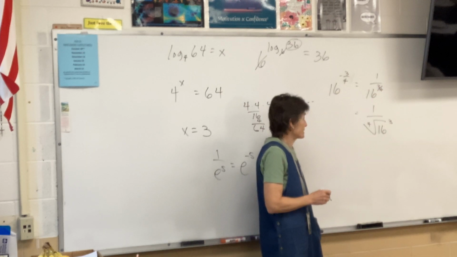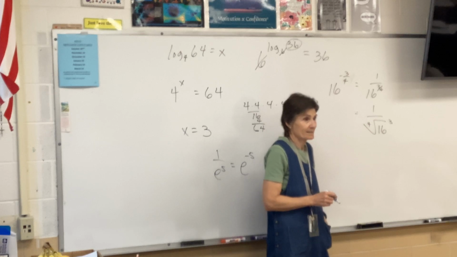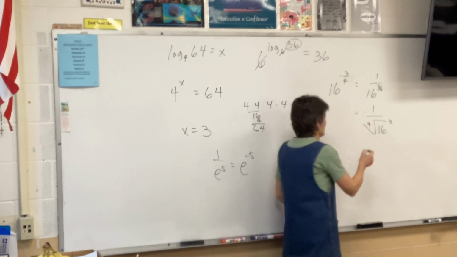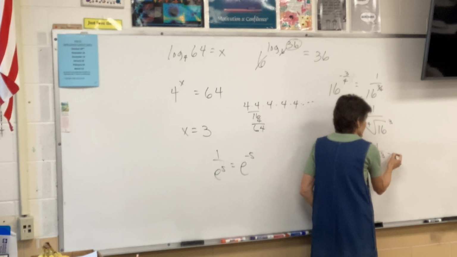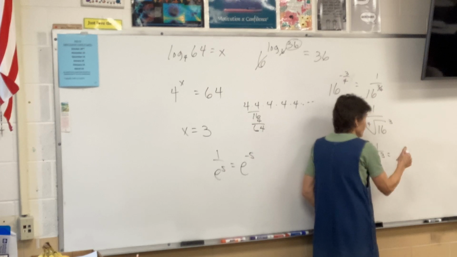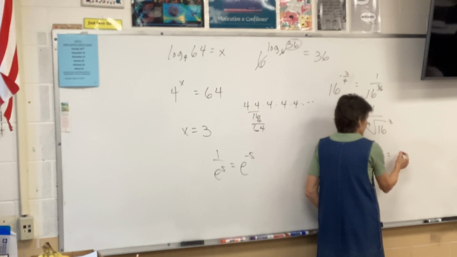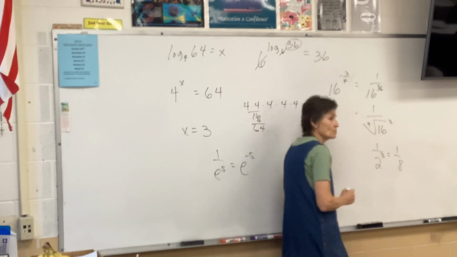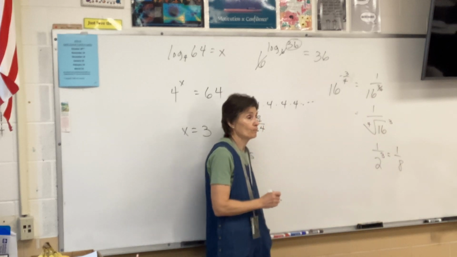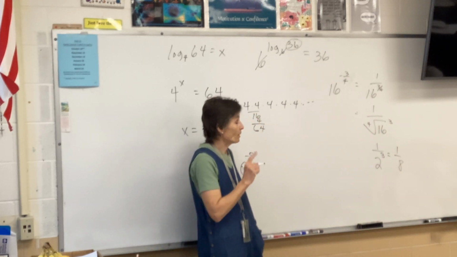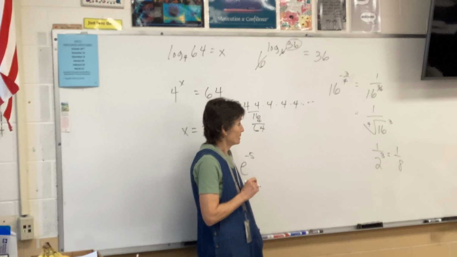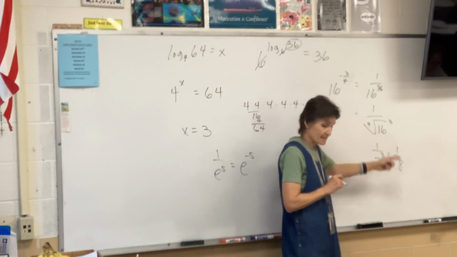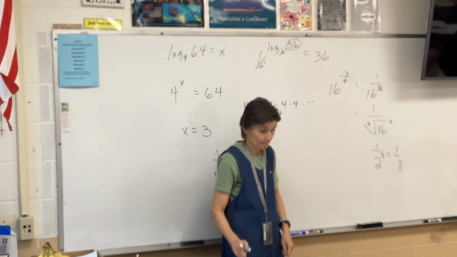Okay, what's the 4th root of 16? 2. And 2 cubed is 2 times 2 times 2? 8. So the answer is 1 over 8. Don't forget the 1 over. It's 1 over because of the negative. And then we took the 4th root of 16 and cubed it.